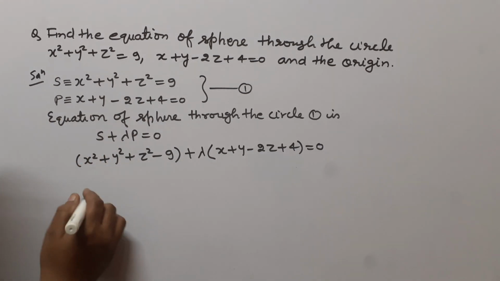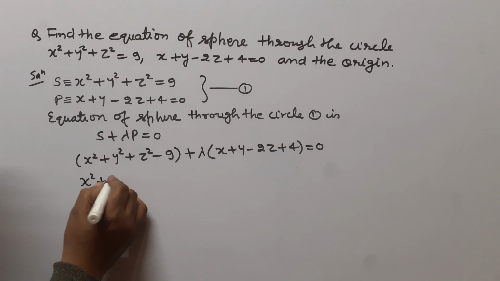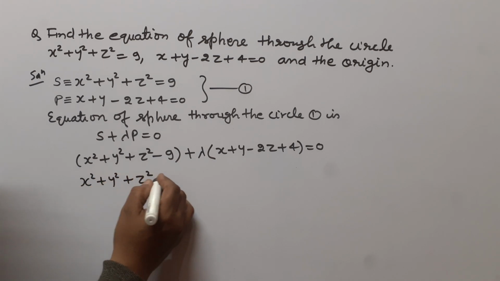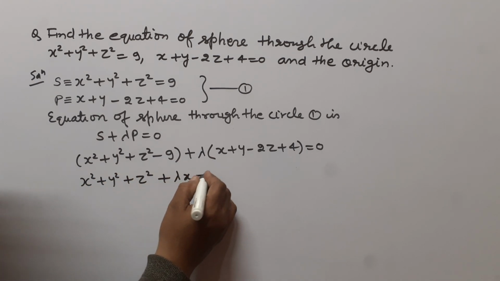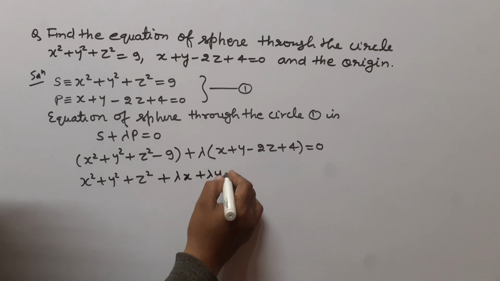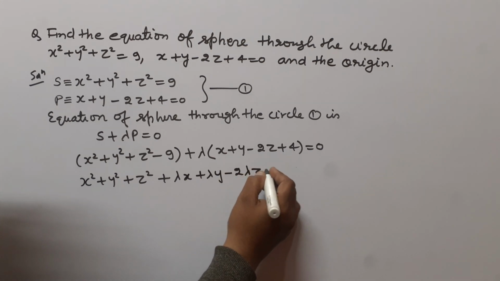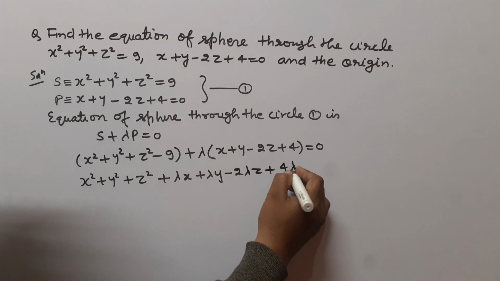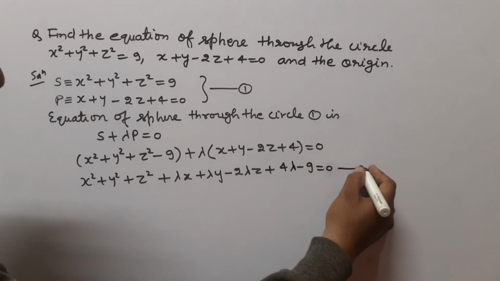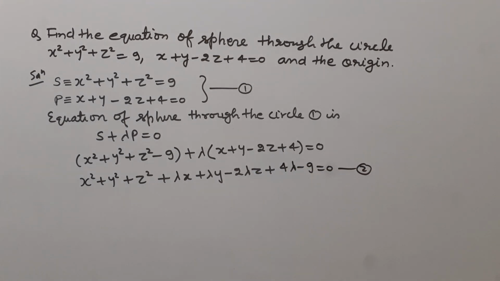Now we solve this equation. So we write x square plus y square plus z square plus lambda x plus lambda y minus 2 lambda z plus 4 lambda minus 9 equal to 0. Suppose this is the second equation.